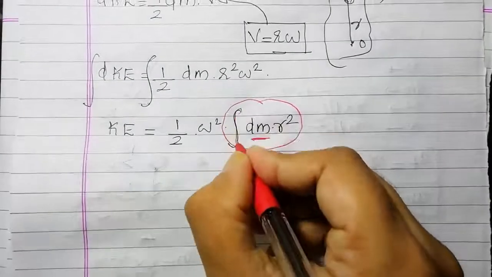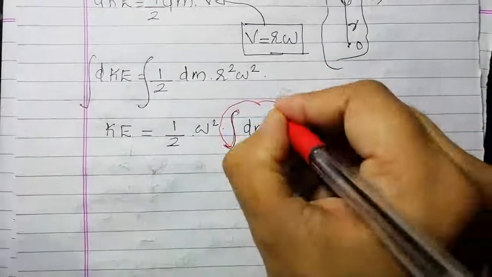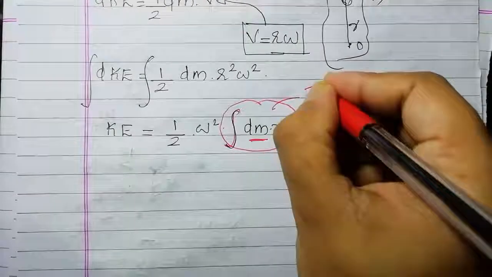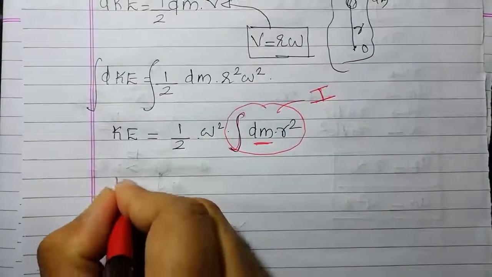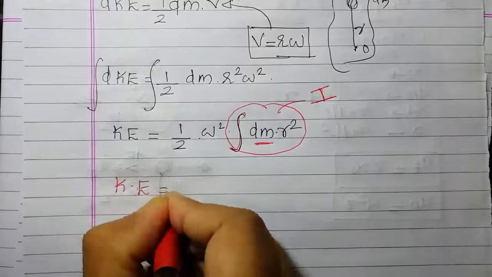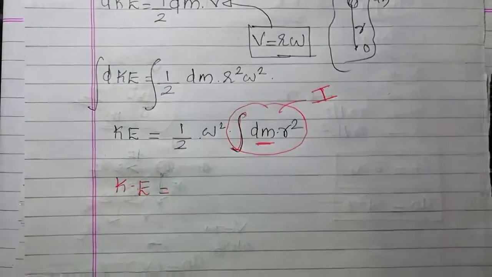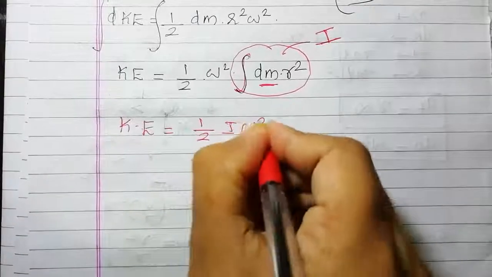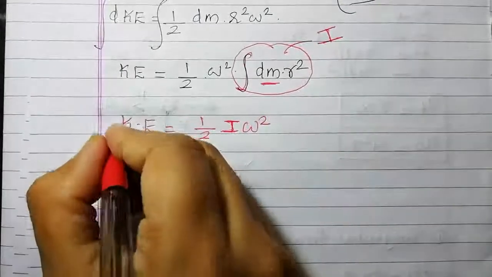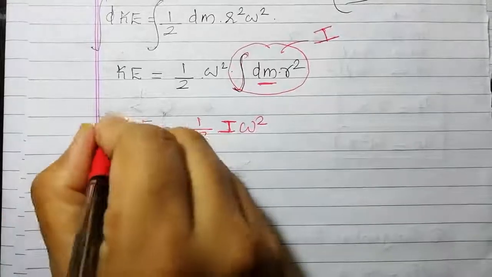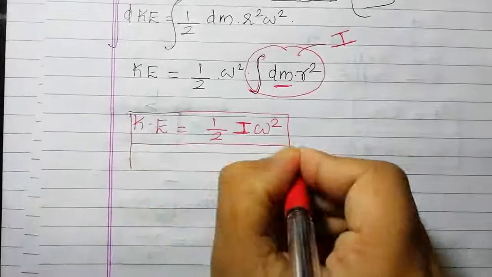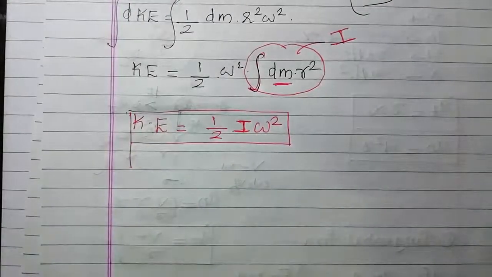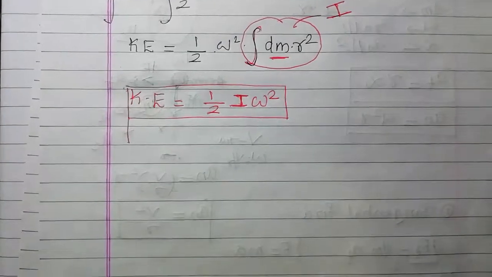Since it is integrating, we are calculating the total moment of inertia. It is denoted as I. So the kinetic energy of a rigid body which is having rotational motion is half into I omega square. This is the expression for kinetic energy if a rigid body is having rotational motion.